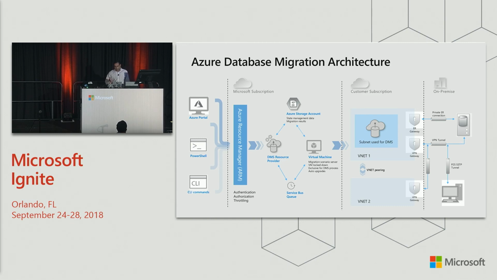Here's a little deep dive. The service runs in Azure, behind ARM, so it's all secure. You are pushing your data into Azure, so we wanted to make sure that it goes through all the security and compliance that any other service offers you. So we have ARM authentication.